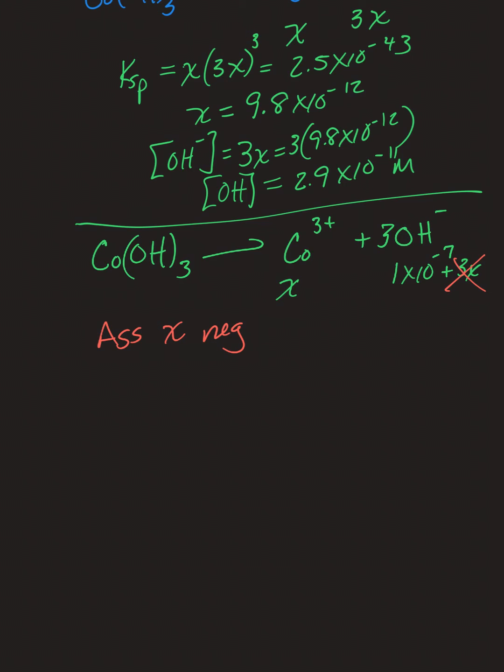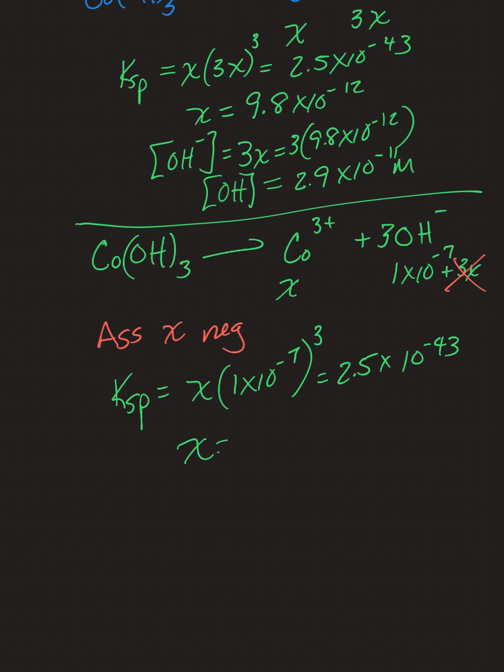But what we do need to account for is now the KSP is going to be X times 1 times 10 to the negative 7th, and we still do need to cube that. We use that 3 twice, and so that's going to be equal to 2.5 times 10 to the negative 43, and X in this case is going to be 2.5 times 10 to the negative 22nd.